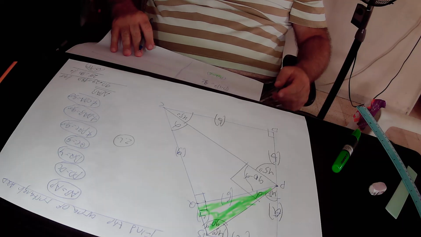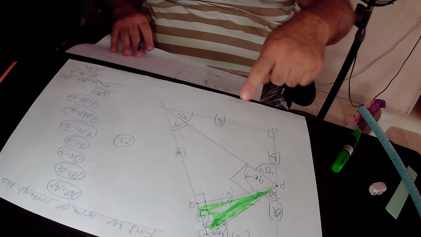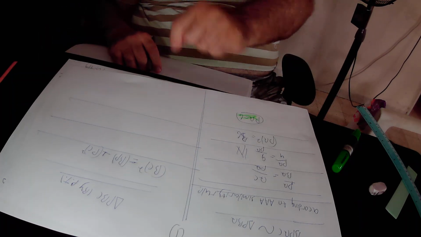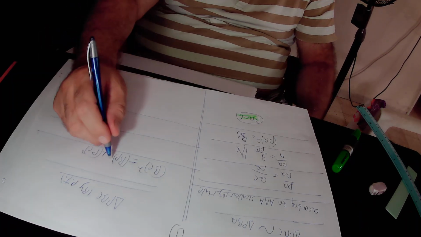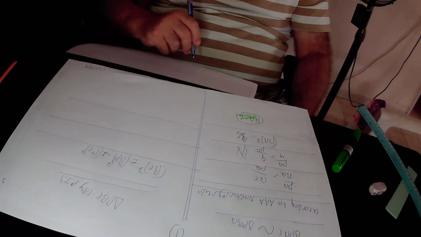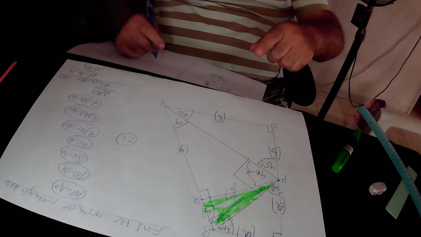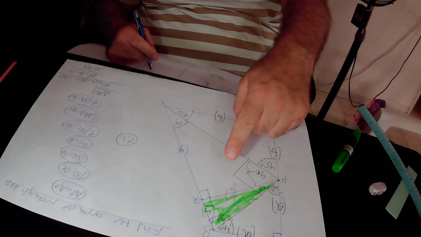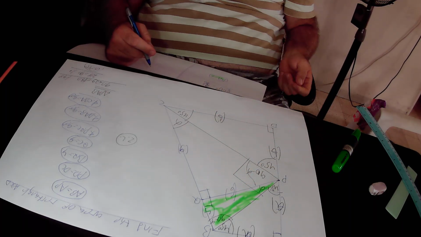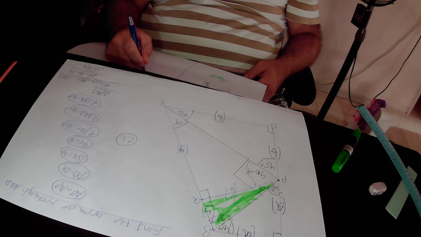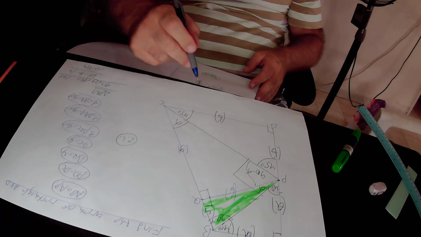BC in total equals 4 plus 9, that is 13, therefore BC square is 13 square, that is 169. And it is equal to BP square plus PC square.